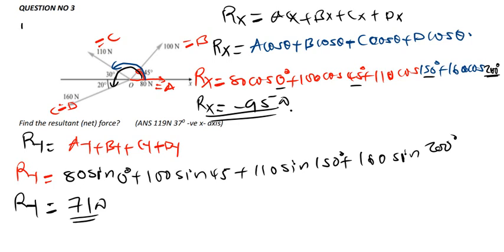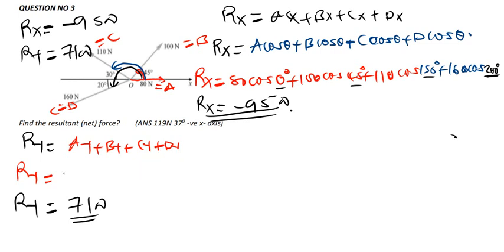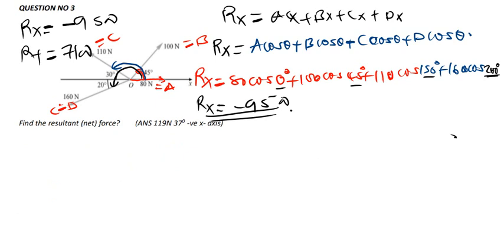Now that I have my Rx to be negative 95 and I also have Ry to be 71, I can find the resultant. To find the resultant, we know that we are supposed to say the resultant R is the square root of Rx squared plus Ry squared.